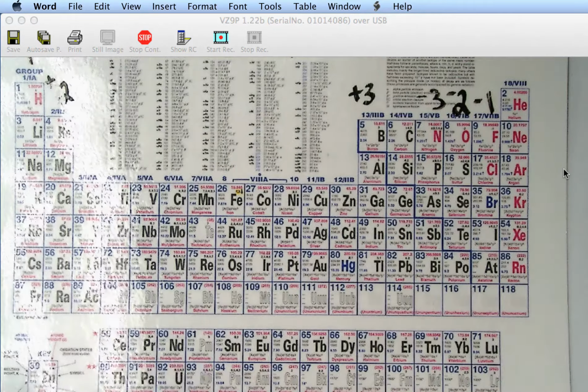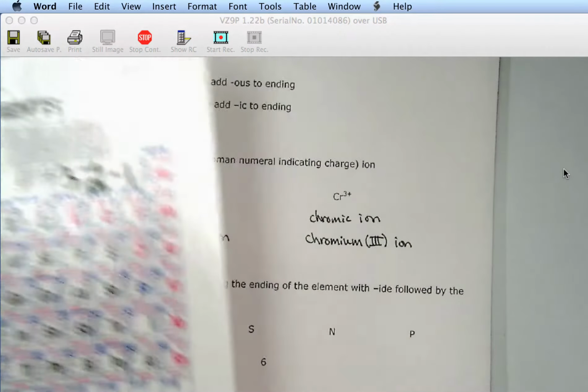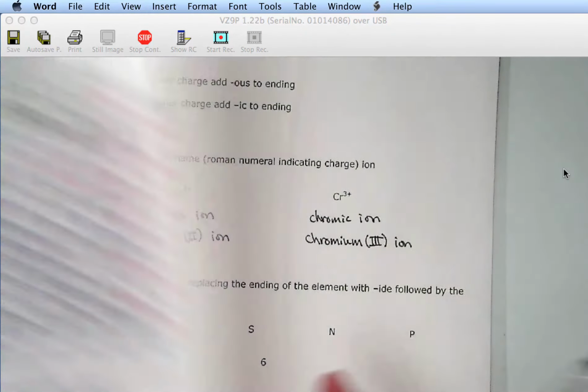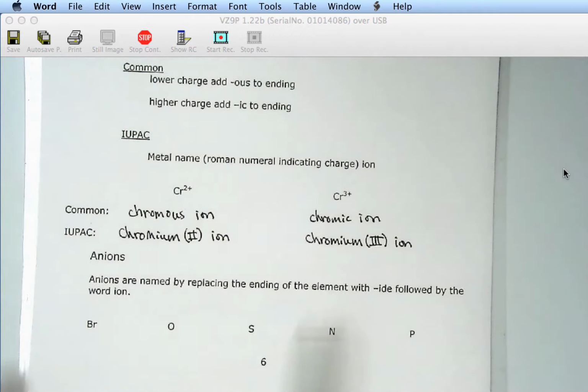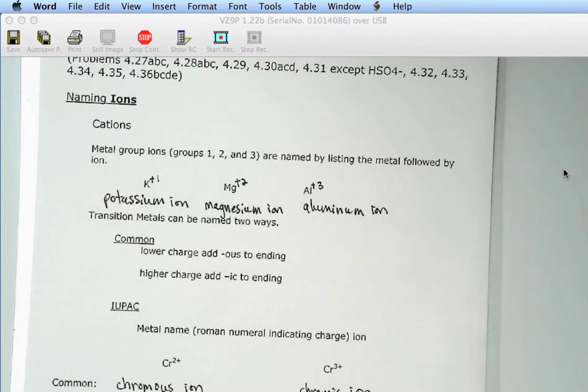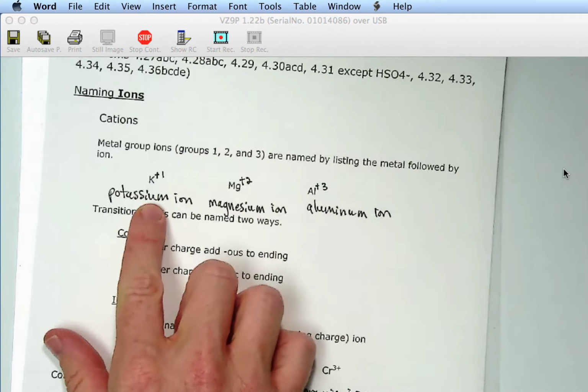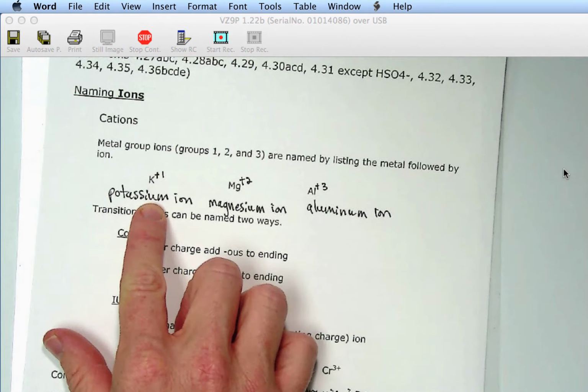We don't see a lot of inner transition metals forming ionic compounds in this course. It's not that they don't exist, but there are only a few that we'll come across. I want to make it very clear that for the main group metals, groups 1, 2, and 3, you do not have to put Roman numerals.